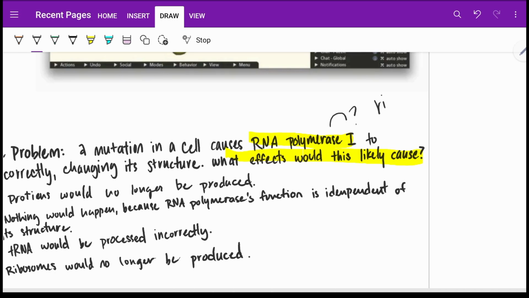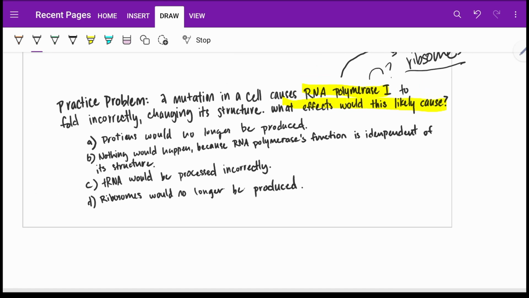That's another crucial part of what you need to pull out of your brain: RNA is linked to ribosomes. RNA polymerase 1 is linked to rRNA, which is linked to ribosomes. That's our first linkage. And if you knew that, you would know if it folds incorrectly, then ribosomes would no longer be produced, which is looking like a pretty good answer.